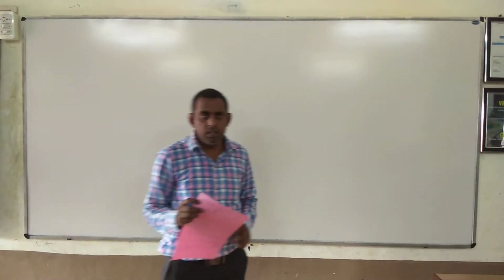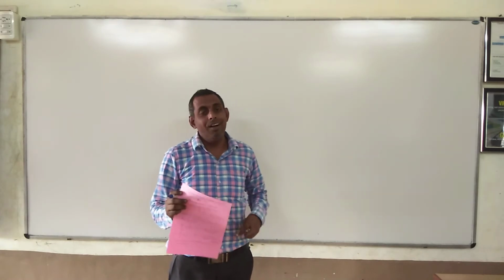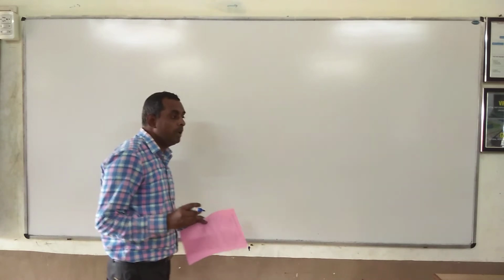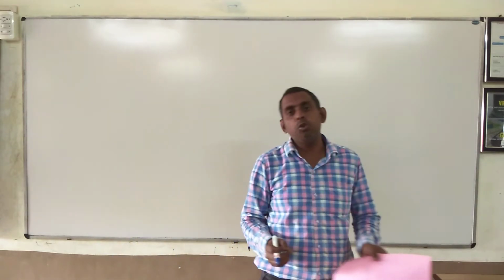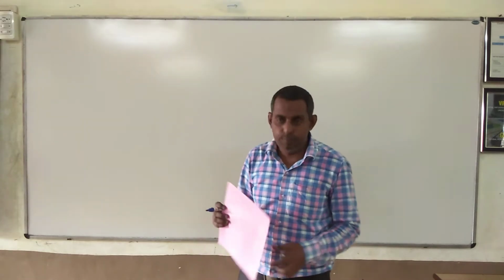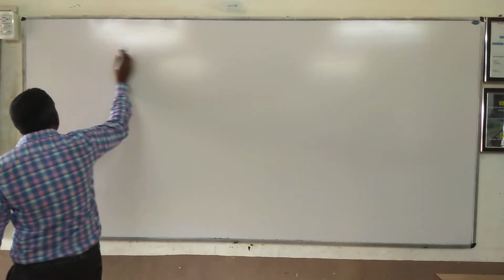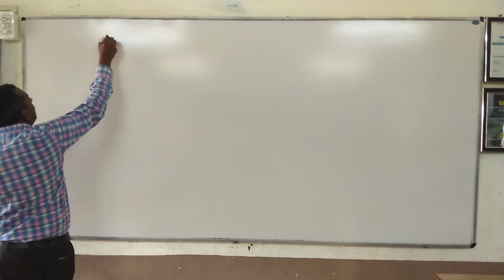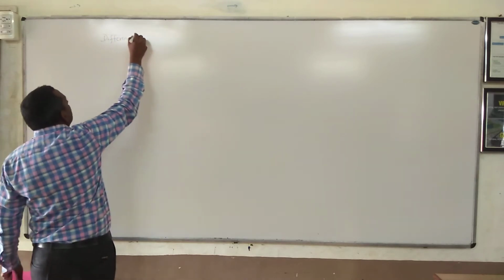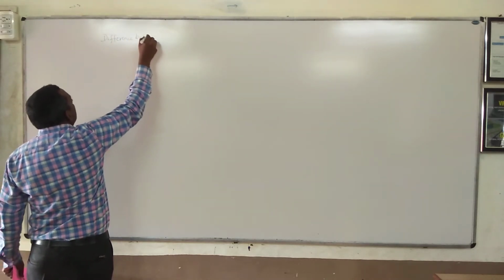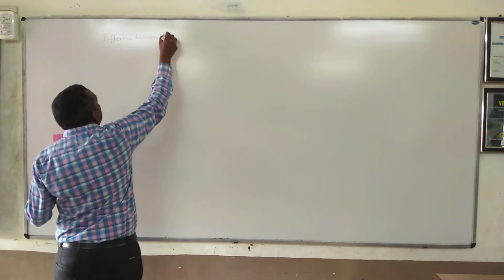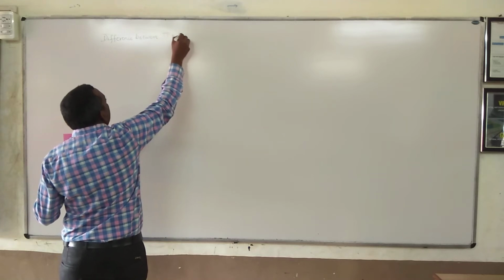So welcome back students. Before going to study about the assignment problem, first of all we will find the difference between the assignment problem and the transportation problem so that assignment problem will become more clear for us. Fine. So let me write the heading here. Difference between TP and AP.